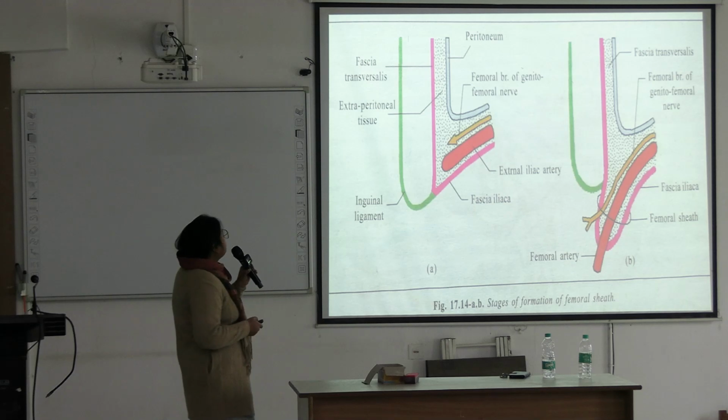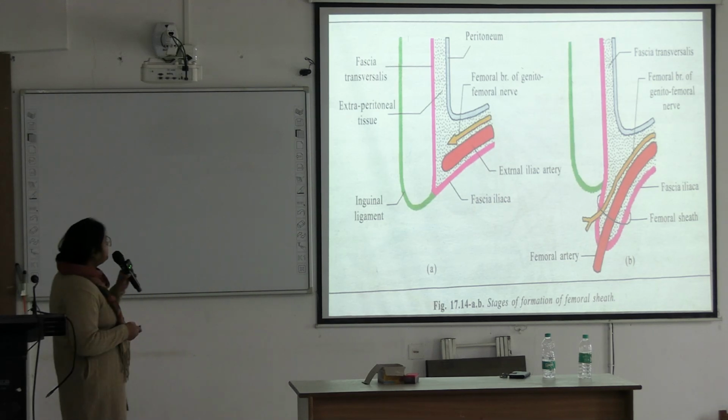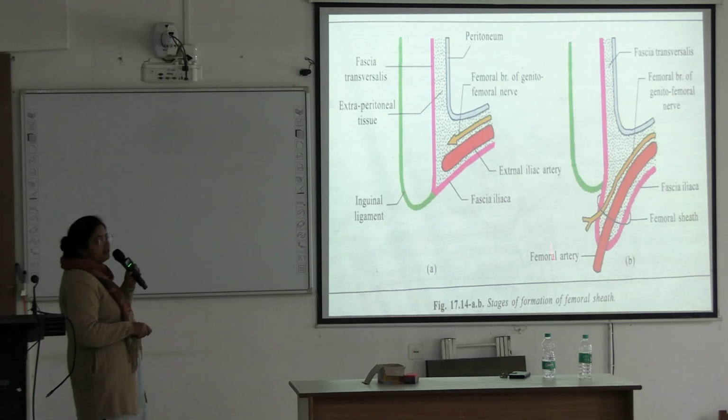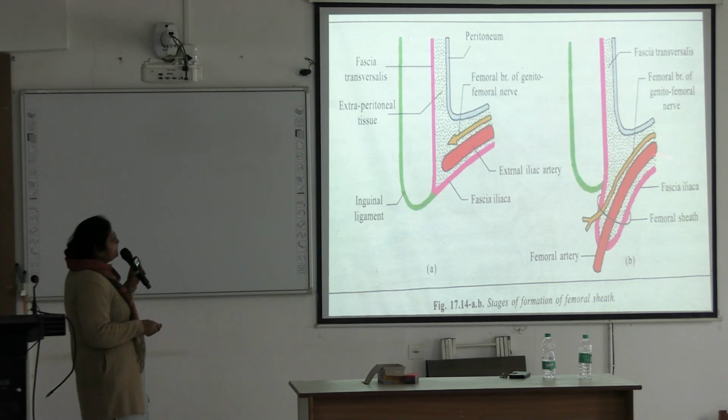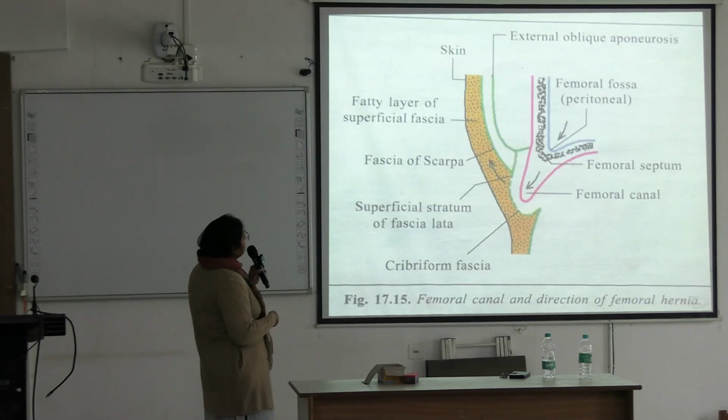Okay, and here is the formation of the femoral sheath. You can see the anterior wall of the femoral sheath is formed by an extension of the fascia transversalis, and the posterior wall is formed by the fascia iliaca, which are pulled along with the femoral artery. Okay, and this is the femoral branch of the genitofemoral nerve.